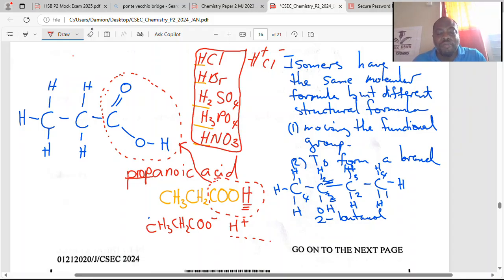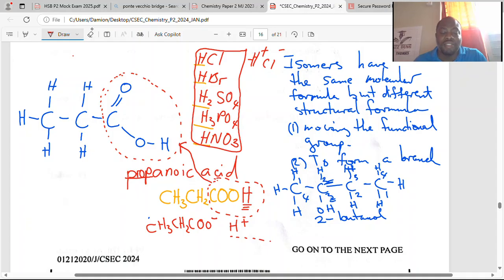We need to remember the connection between the acids and bases knowledge that we learned. So if this reacts with a metal, don't forget, when acid reacts with a metal, what is formed?